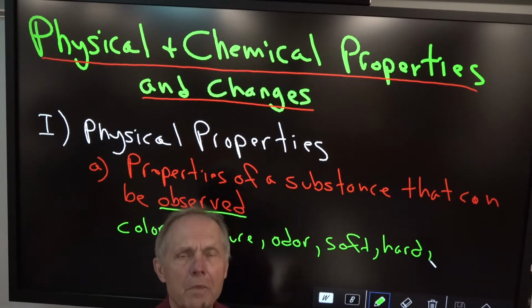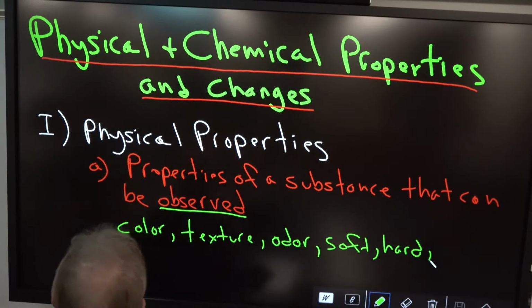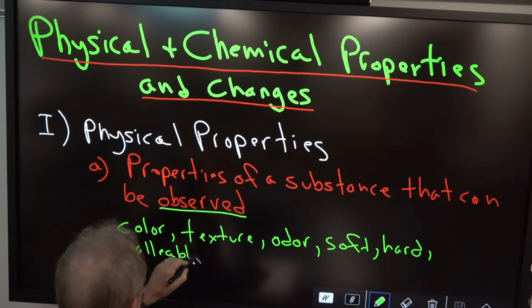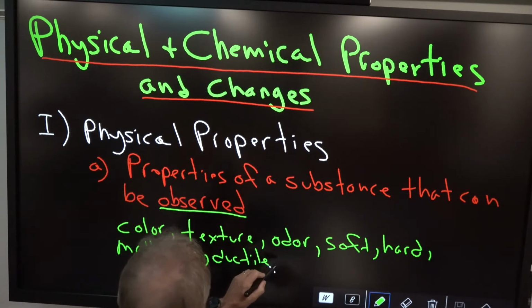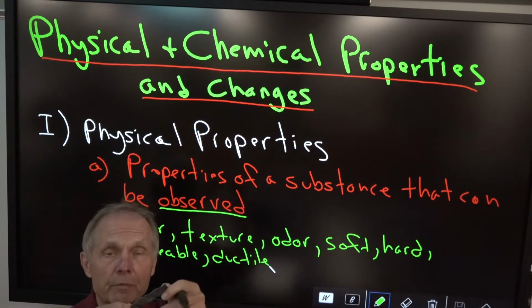Is it malleable or ductile? Don't forget, ductile means able to roll up into wire. Malleable means you can bend it in shape.